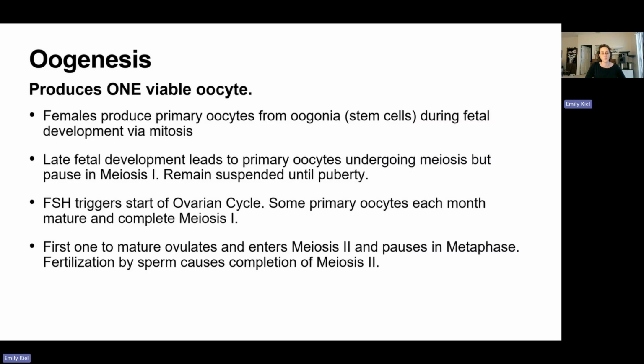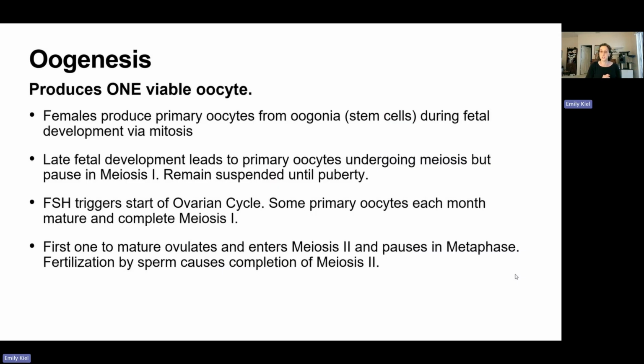And then when puberty comes and we start having those hormones released, your FSH is going to trigger that ovarian cycle, and specifically start the follicle formation. And so each month, a couple of primary oocytes are going to complete meiosis 1 and mature. And the first oocyte that matures will ovulate, and after it ovulates, it's actually going to enter meiosis 2 and pause in metaphase.